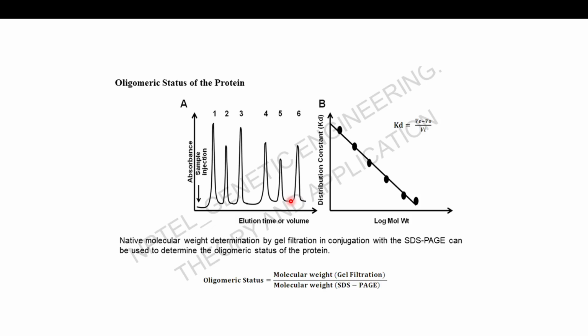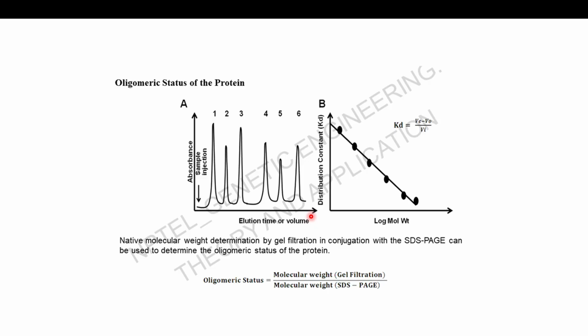And if it is dimerizing or making higher order oligomers, the overall hydrodynamic radius, the overall size of the complete complex, like a dimer, trimer or tetramer, will eventually be larger, and hence it will elute out much earlier as compared to the monomeric form of your protein.